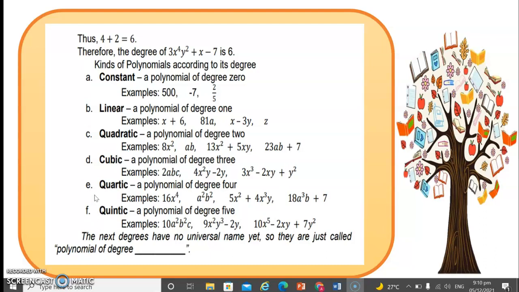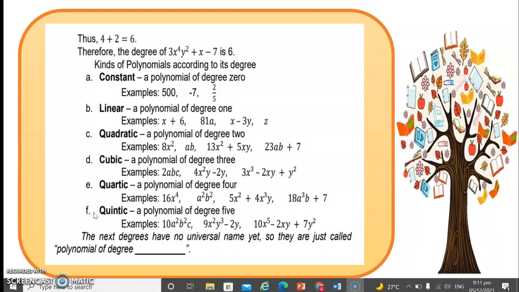Okay, next, quartic. Quartic, so a polynomial of degree 4. So, we have example, 16x raised to 4, or 16x to the 4th. We have a squared b squared, so 2 plus 2, 4. Next, we have 5x squared plus 4x cubed y, so 3 plus 1 is 4, and lastly, we have 18a cubed b plus 7, so 3 plus 1 is 4.